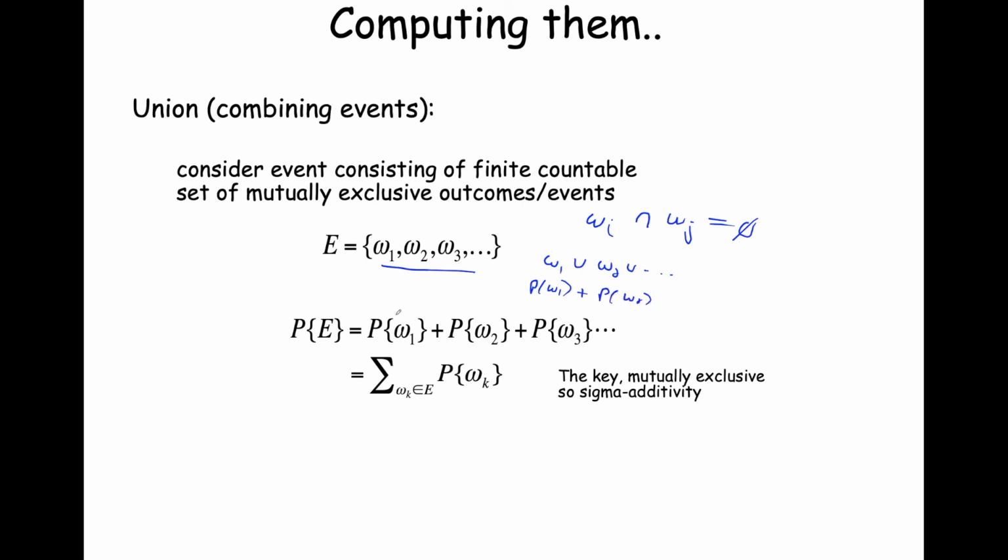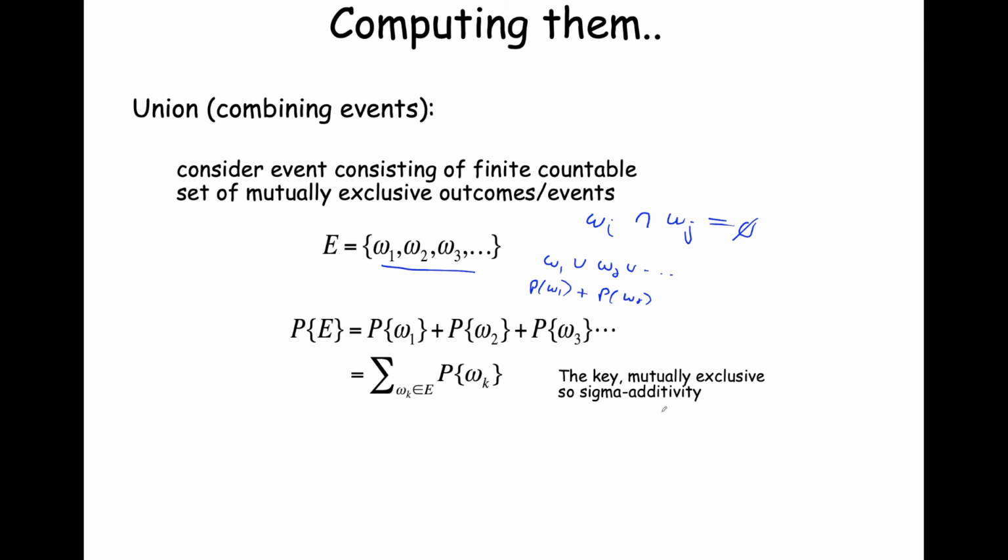We can rewrite this sum in sigma notation. It's the sum of all the probabilities, all the events from that complex event. We add the individual probabilities. And so the key here is mutually exclusive and so-called sigma additivity.